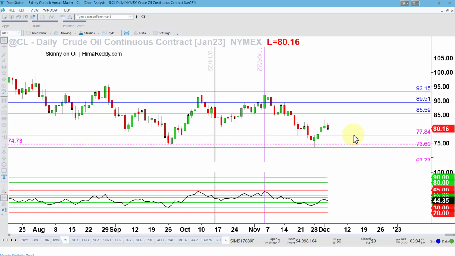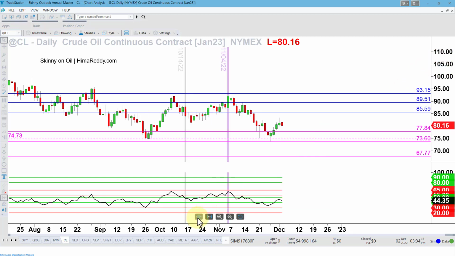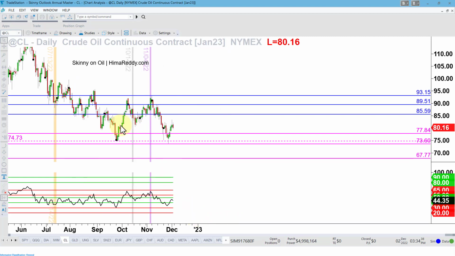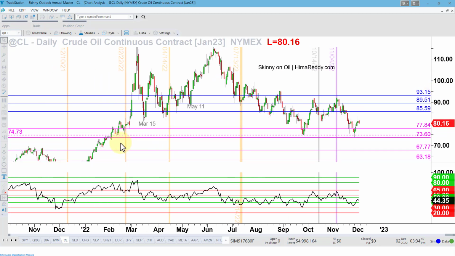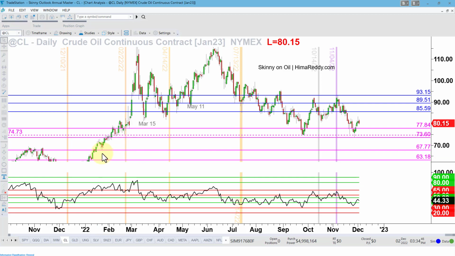If that doesn't happen, then I think we're more likely to see oil fall lower again and make its way down towards key levels, including 66.77 back from January 24th. Again, it depends on how these fundamental factors like the OPEC meeting, the EU ban on Russian oil, and more unfold.